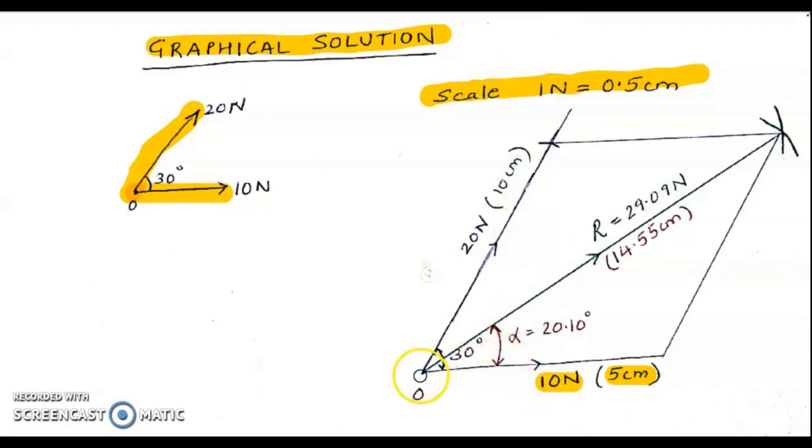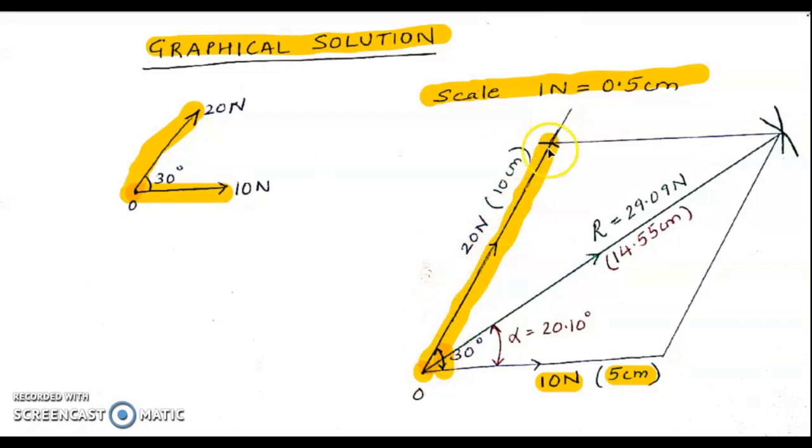The next step is that I'll keep my protractor at this point and measure an angle of 30 degrees, because the angle between the two forces is 30 degrees. At 30 degrees I will draw a line.